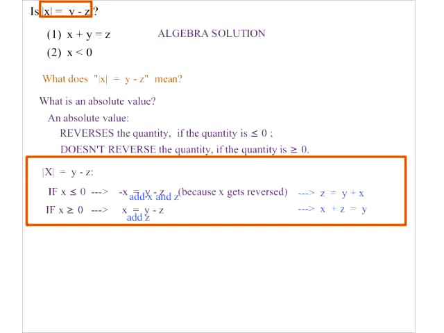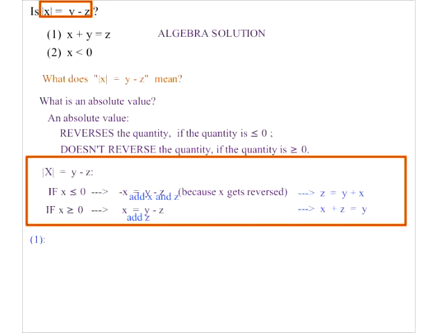Notice that this looks like statement 1, but only in one of these two cases. If you look at statement 1, if you have the case where x is less than or equal to 0, then statement 1 will work.